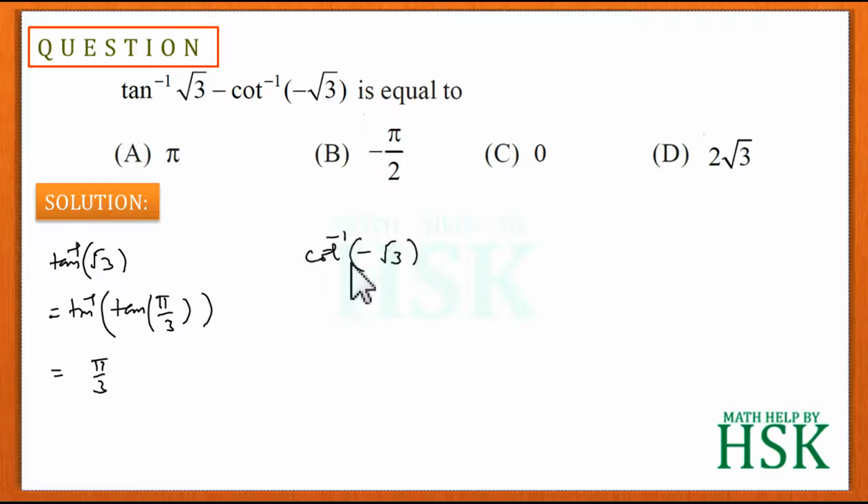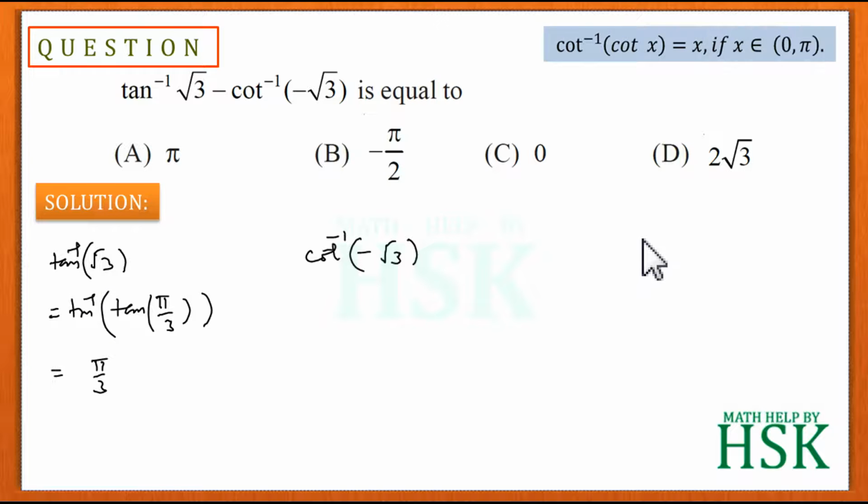Now taking cot inverse of minus root 3. I am going to apply the similar concept as done for tan inverse of root 3, but here I have to keep in mind that cot inverse of cot x is equal to x if x belongs to the interval 0 to pi.